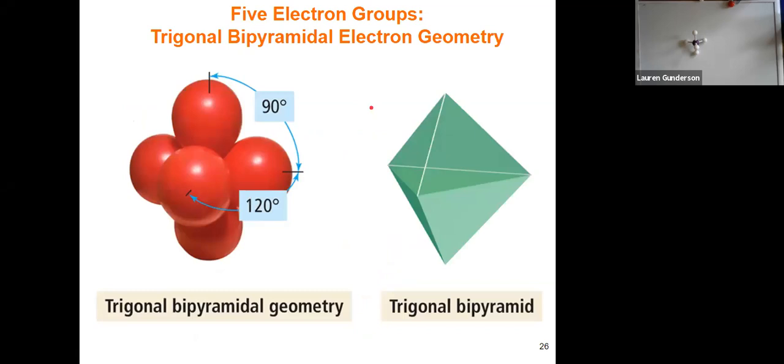So this is what the trigonal bipyramidal looks like in terms of a drawing. You have two pyramids face to face. This is a visual representation of the angles. So there's your 90-degree difference, and this is the 120-degree difference, and that's what we were just looking at.